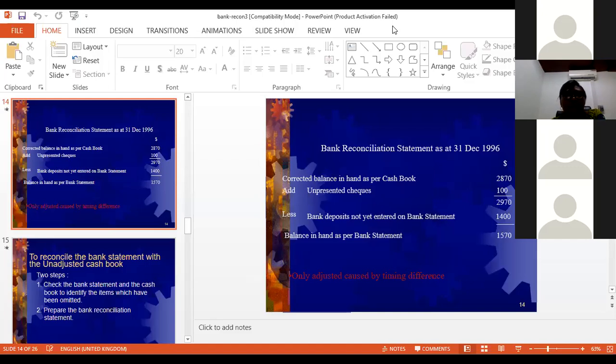You would only have to identify it yourself, because you should know by now that timing differences are used to prepare the reconciliation statement, and informational differences are used to adjust the cash book. If you have identified it, then you do as it is. This is a very simple control system.